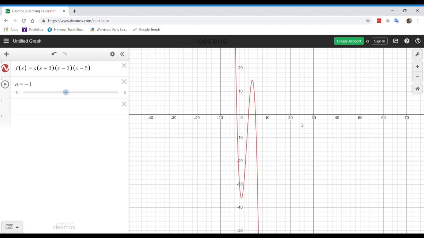My x-intercepts, they must have changed. Oh, no, they didn't. My x-intercepts are staying exactly the same. So that's why I was saying that that coefficient in the very front, that a, won't matter. Okay? Now, I think it's your turn to try one out.